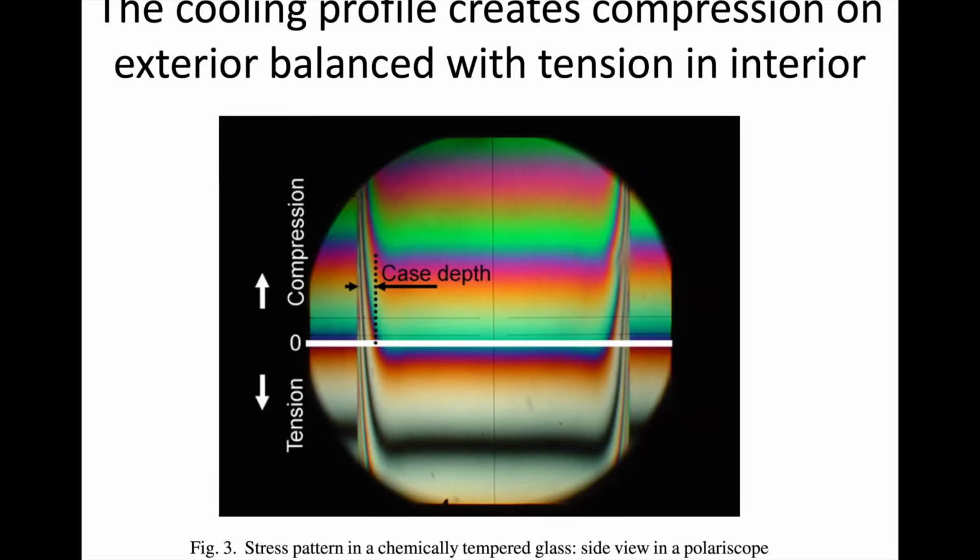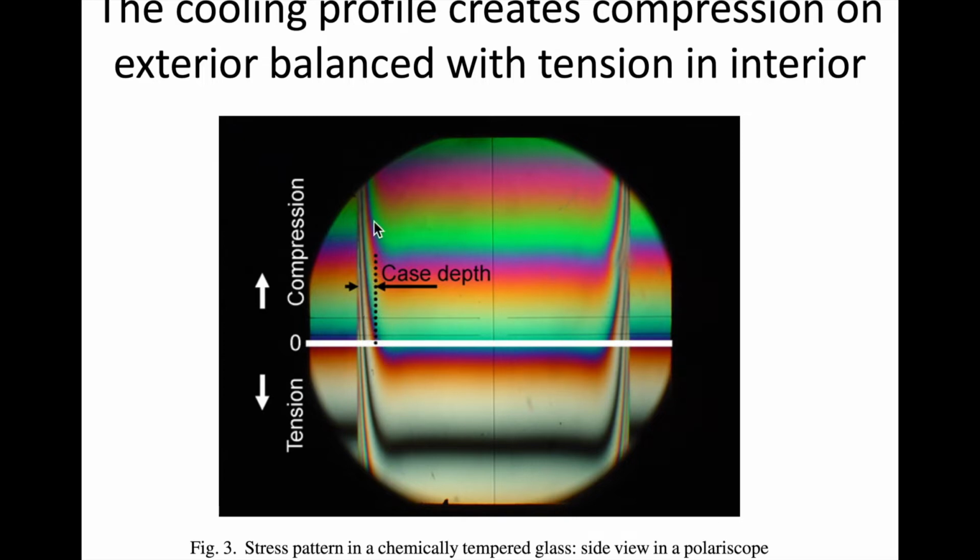We can actually visualize this compressive and tensile state in the interior with this type of tempered glass. This is a slightly different type of tempered glass, but it's the same idea. Out here are the edges, this is the edge of the glass on one side and on the other side, and this would be the interior.